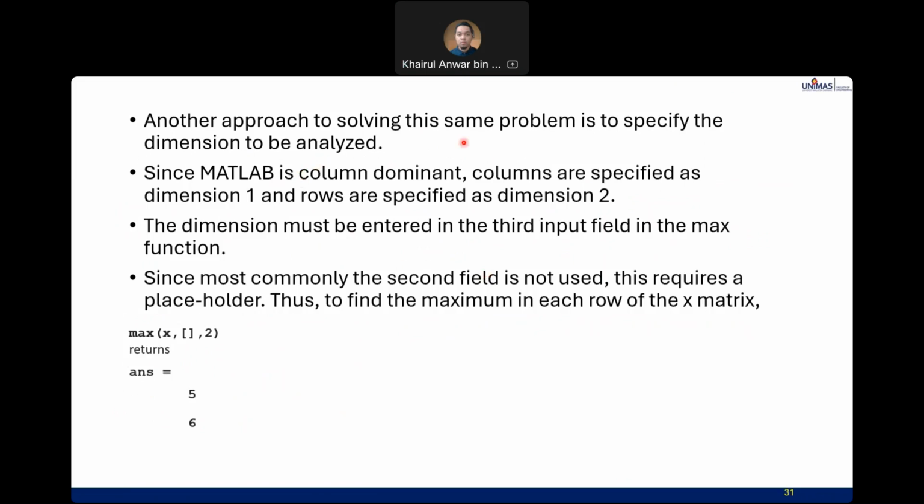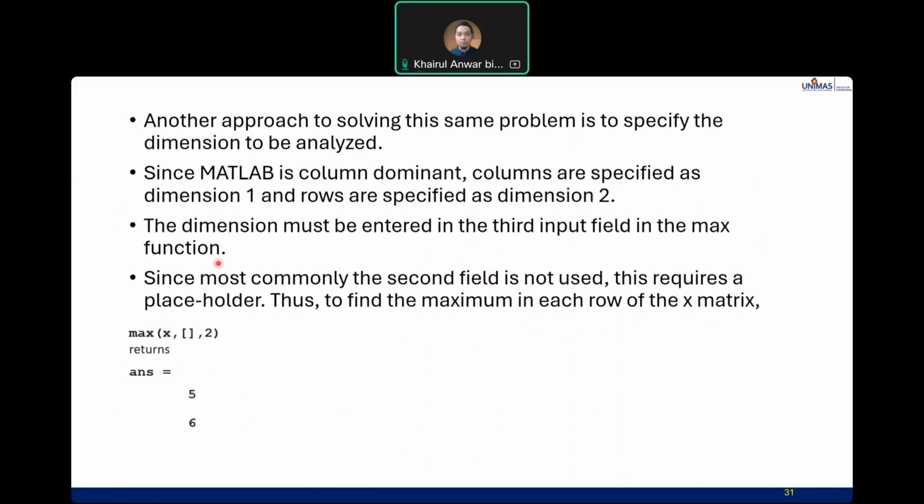Another approach to solving this same problem is to specify the dimension to be analyzed. Since MATLAB is column dominant, columns are specified as dimension 1, rows are specified as dimension 2. The dimension must be entered in the third input field in the max function. Since most commonly the second field is not used, this requires a placeholder.